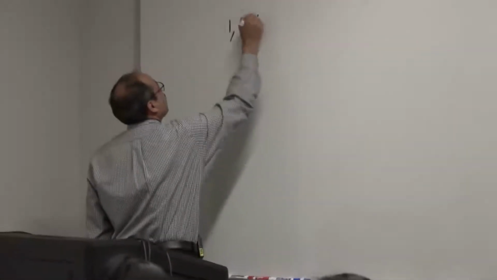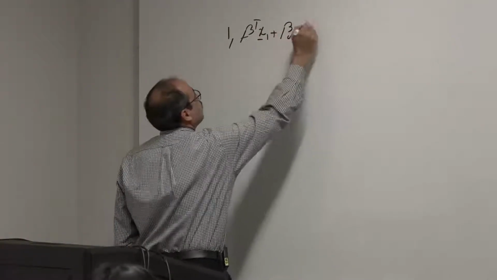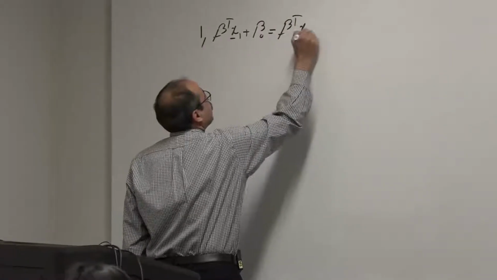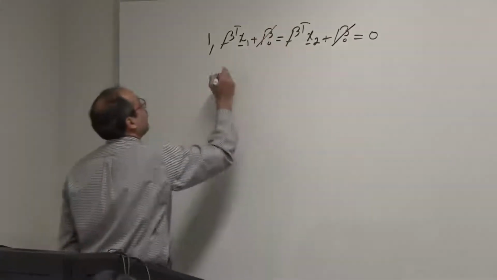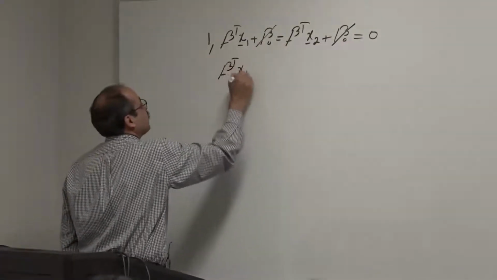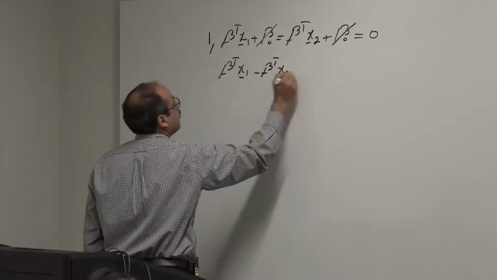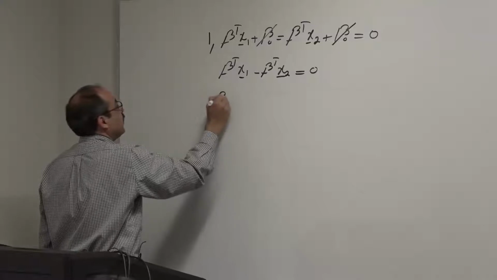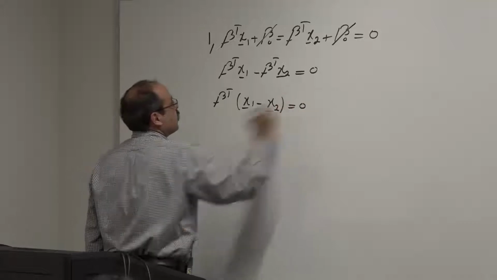So beta transpose x1 plus beta null is equal to beta transpose x2 plus beta null, and it's equal to 0, because both of them are on the hyperplane. So it means that beta transpose x1 minus beta transpose x2 is equal to 0, and it means that beta transpose (x1 minus x2) is equal to 0.